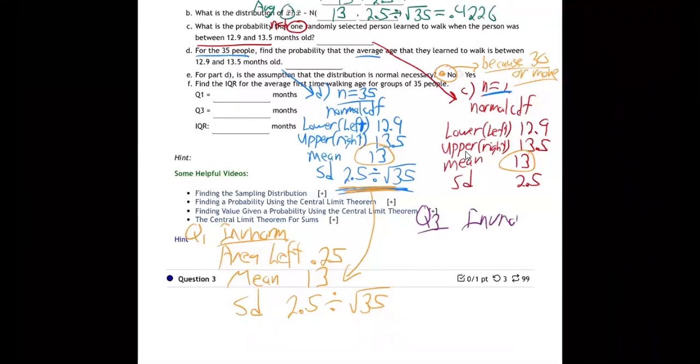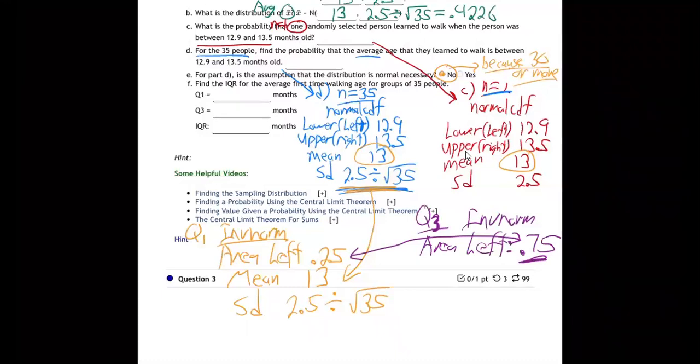Inverse norm. But the only difference is for Q3, the area to the left is 0.75 instead of 0.25, because if you're at the end of the third quarter, then the game's almost over, right? You're 75% of the way through the game.